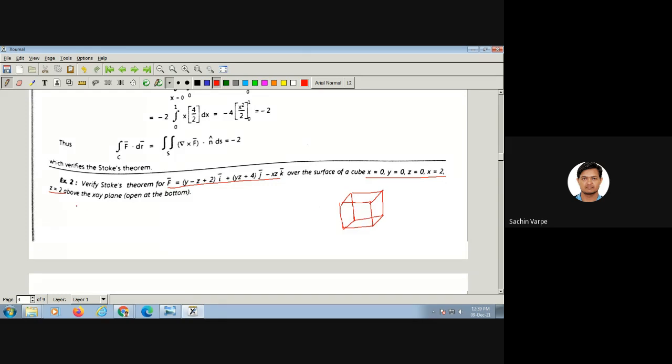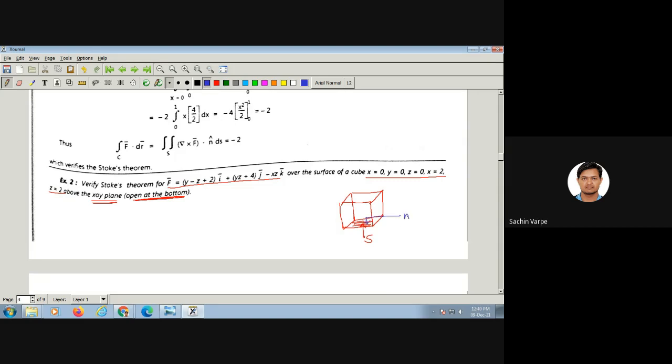That is why the next condition is given, that the cube is above the XOY plane. That means it is open at bottom. Is this clear? So we have to consider only the bottom surface of the cube because that is the only open surface. And with respect to that, we will get our n cap.